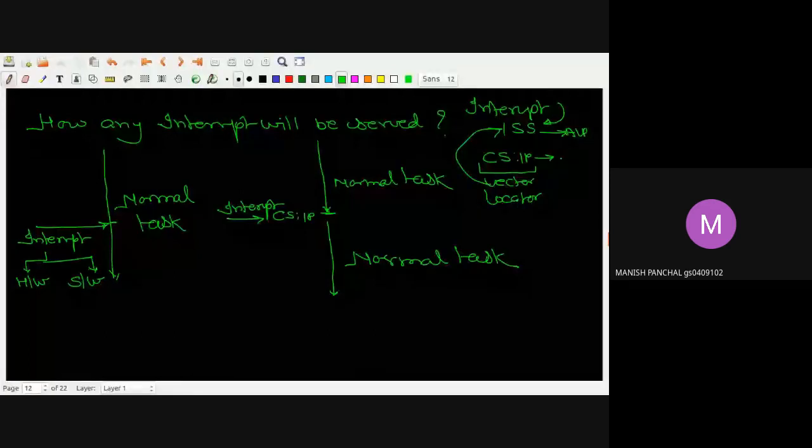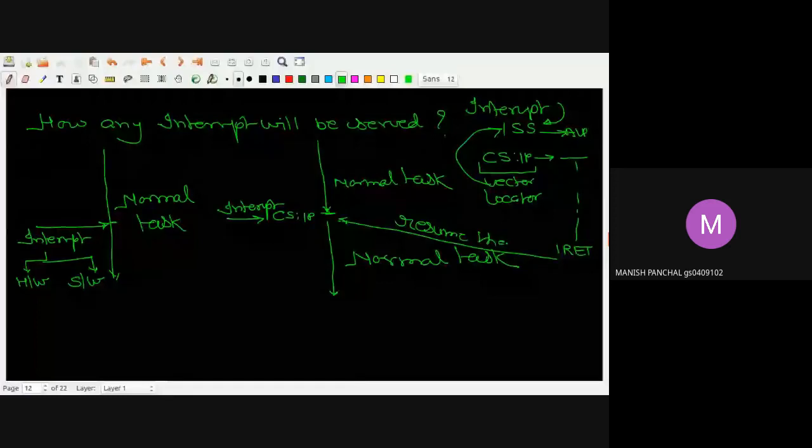This ALP ends with the instruction IRET. Whenever IRET comes, the program execution will resume again at this point. So I will resume the operation.